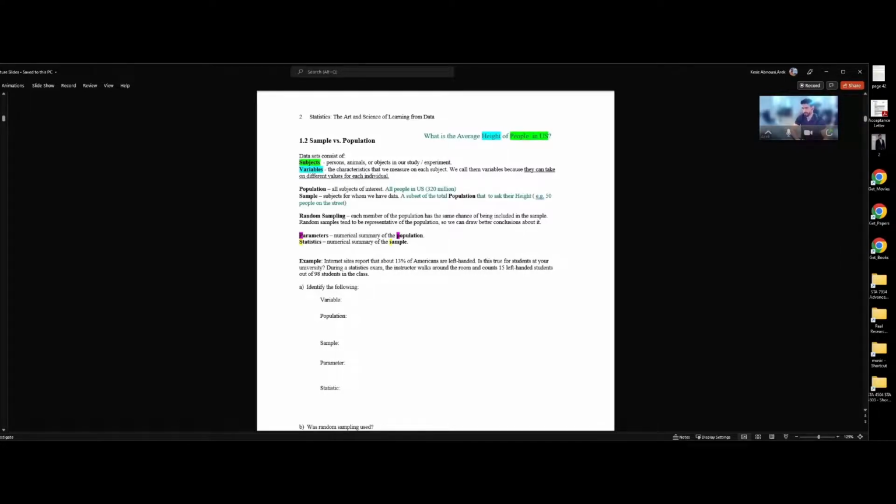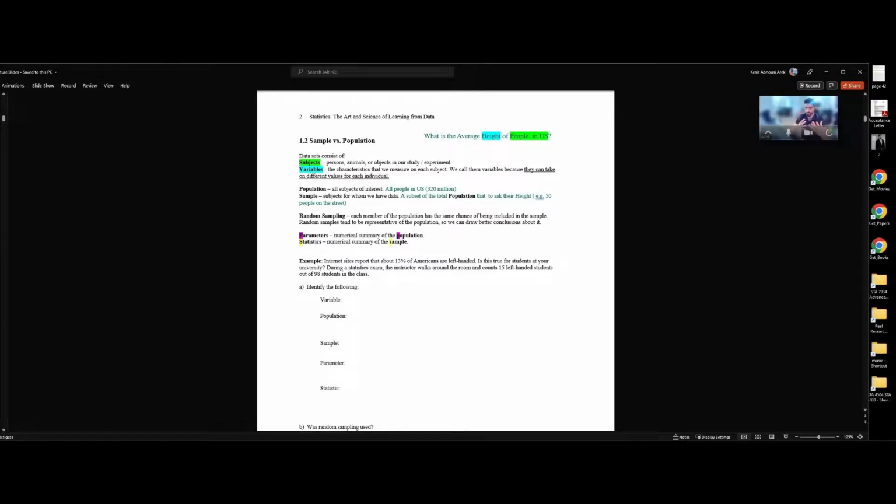So in this example, as you can see, the population is way larger. So we can't calculate the parameters directly. It's impossible.